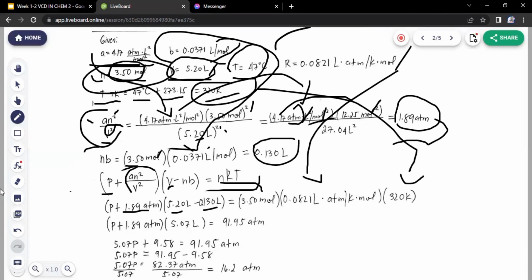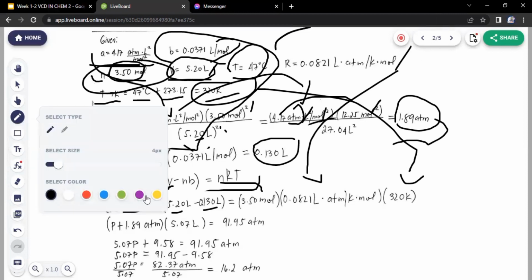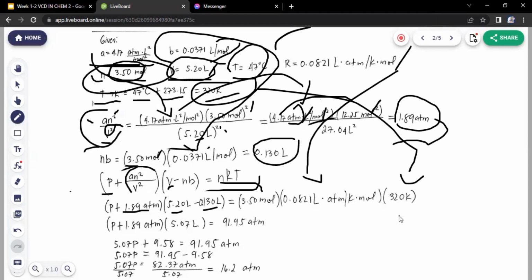Now, the next thing that you need to do, let me change this color into light blue. Multiply this one. Actually, you can cancel the units already. Cancel, cancel, cancel, cancel, and then you can proceed with the multiplication. Multiplying the numerical coefficients, that is 91.95 atmospheric pressure. Subtract this one, you will have 5.07 liters.